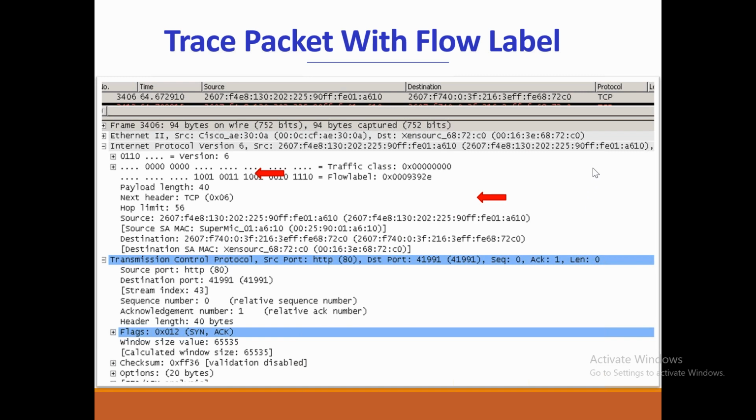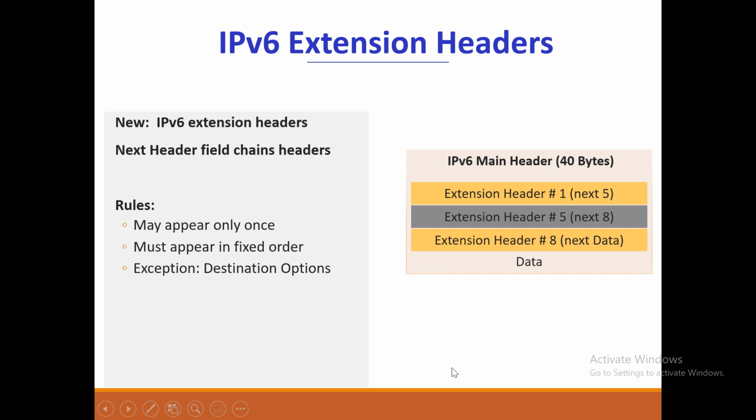But flow label is very interesting. If you remember the old SNA world, it's like SNA class of service, because the question is, what is a flow? Is a flow, for example, voice over IP? Is it FTP?